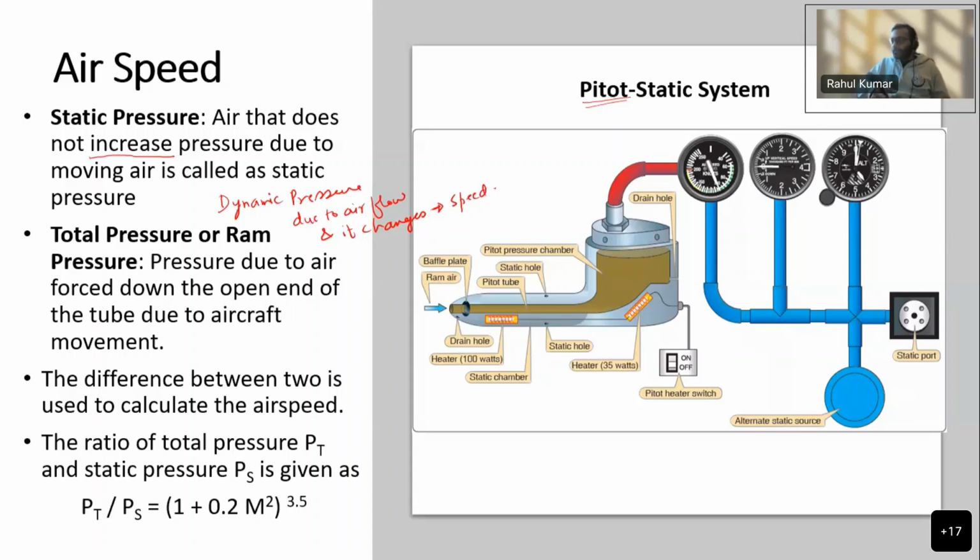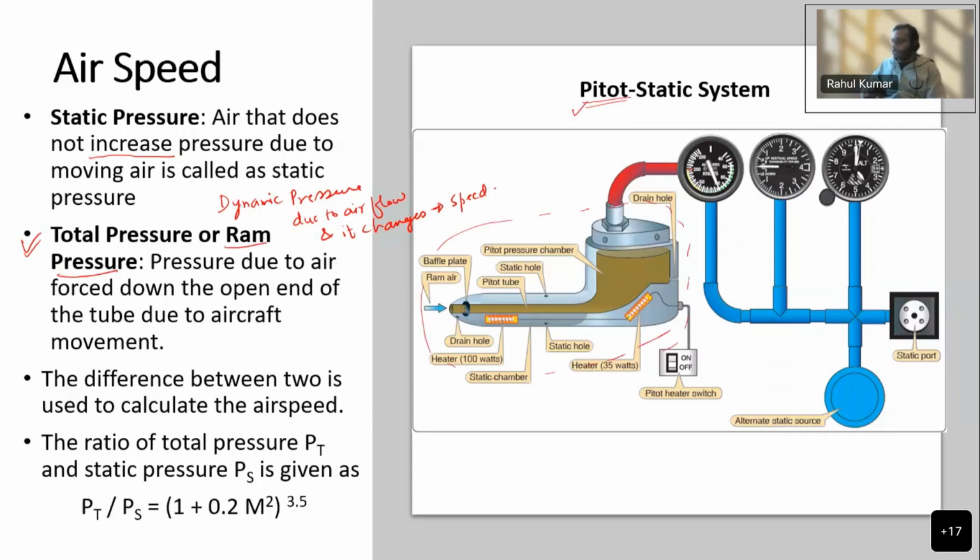Now the total pressure, sometimes also called ram pressure, is the sum of both static and dynamic pressure. This total pressure or ram pressure is obtained from your pitot tube. So this is your pitot tube, the dotted one.